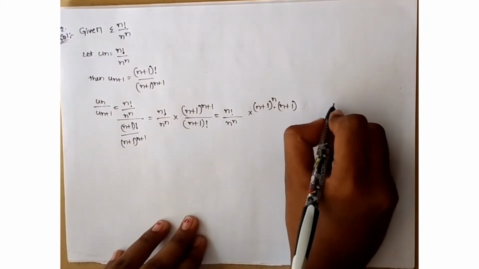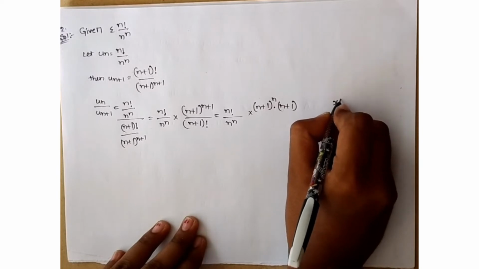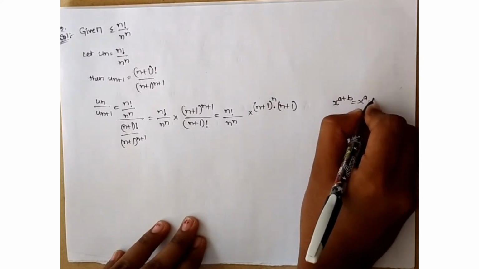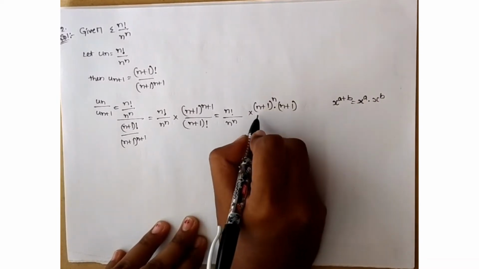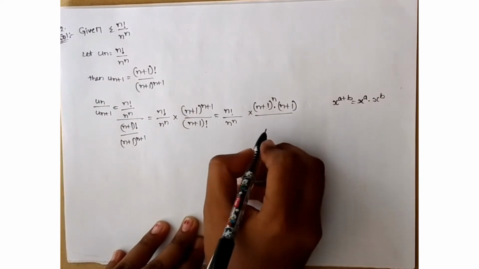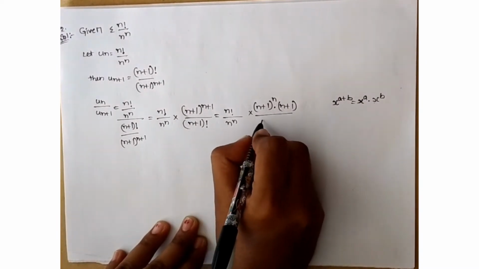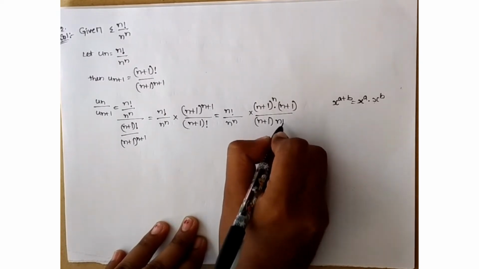It is of the form x power a plus b equals x power a into x power b. Then we will divide it like this. Here bases are equal, powers should be added. Then n plus 1 factorial expands as n plus 1 into n factorial.